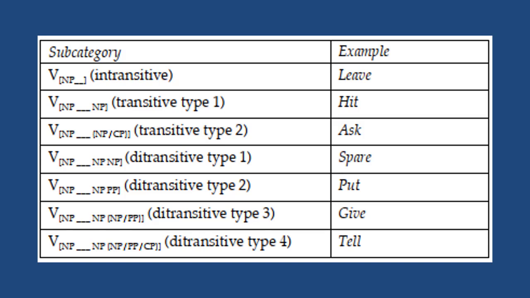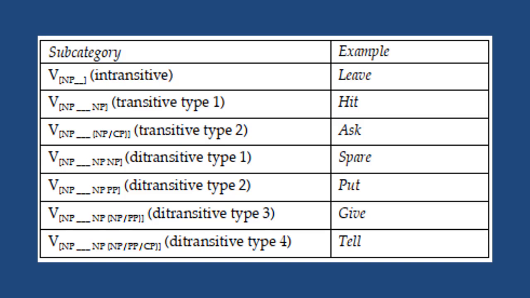So ask is like hit. They require only two arguments. But the difference is that hit requires only an NP object, and ask requires an NP or CP complement, one of them.